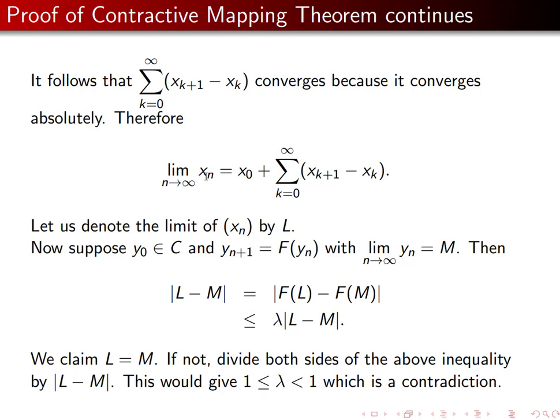And so, therefore, we get that the limit of my x_n is equal to this infinite sum here, and this infinite sum exists. So denote the limit by L.